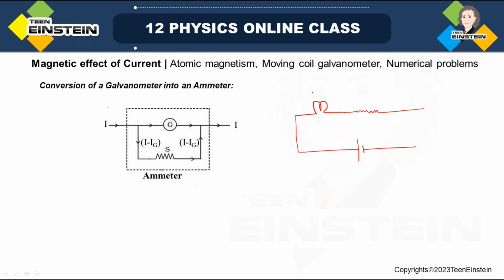Suppose this has some 100 ohm, this is some 500 ohm, and the voltage is maybe 12 volt. If I want to measure the current in the circuit, what should we do?